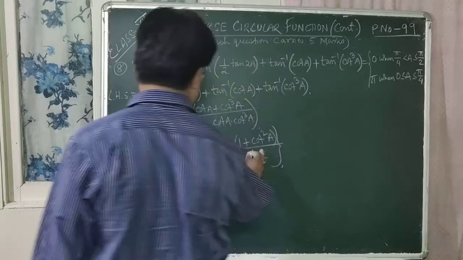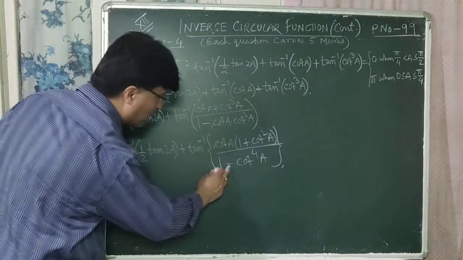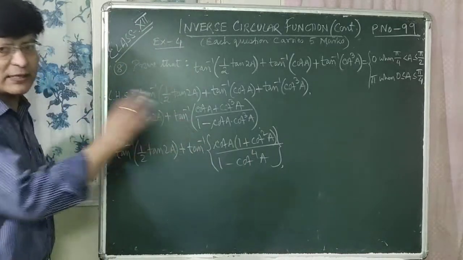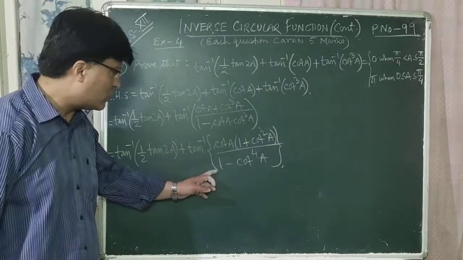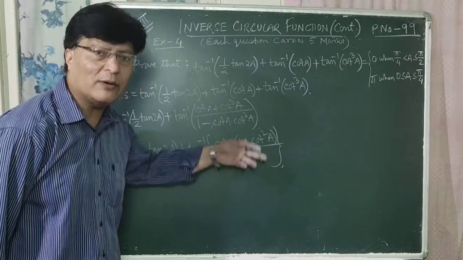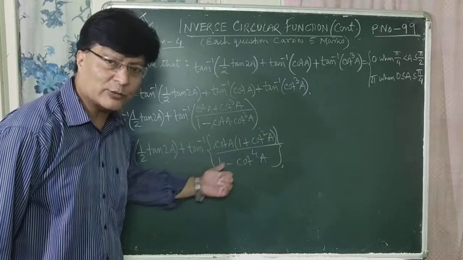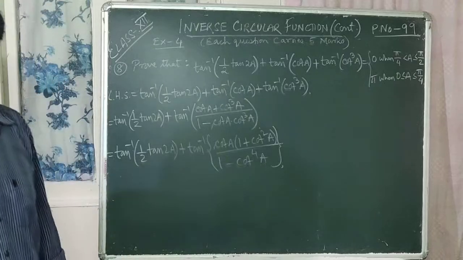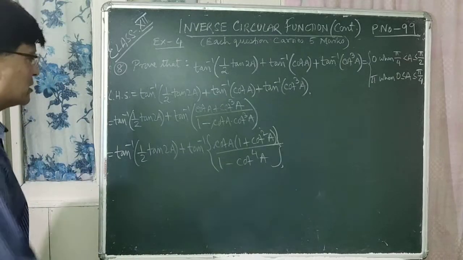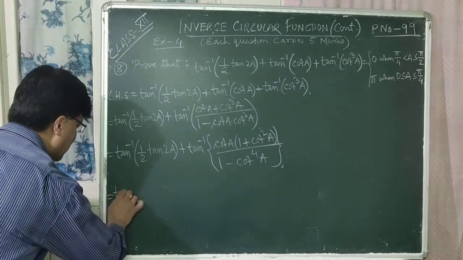So next you can use the formula here, 1 minus cot to the power 4a, a square minus b square, isn't it? That is 1 whole square minus cot square a whole square. That is your a square minus b square. What is the formula? A plus b into a minus b. So let us use the formula here.